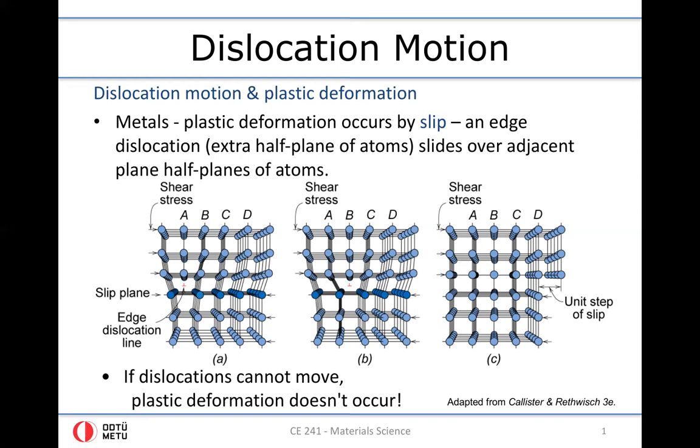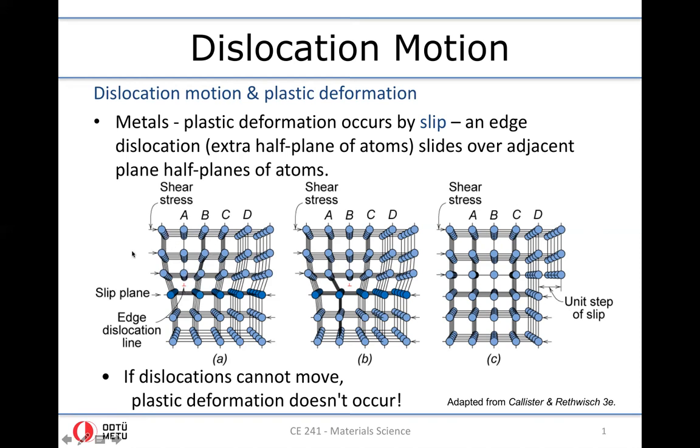So in metals, plastic deformations occur through a mechanism called slip. And in this figure that you see here, we have an edge dislocation that is visualized as an extra plane of atoms inserted into a perfect crystalline structure.